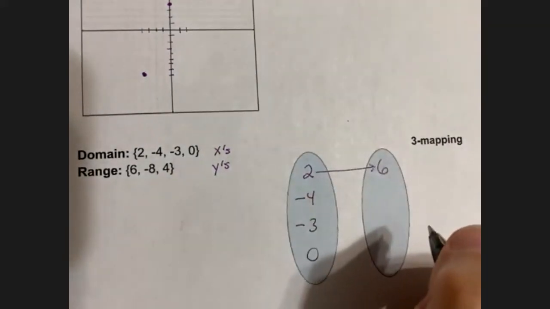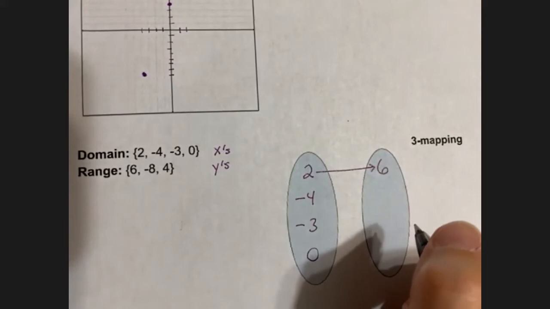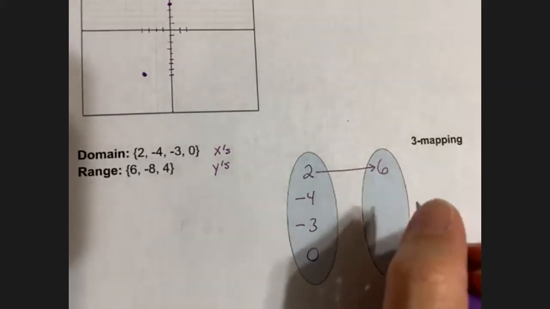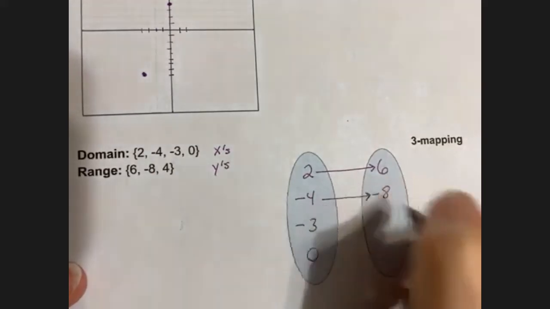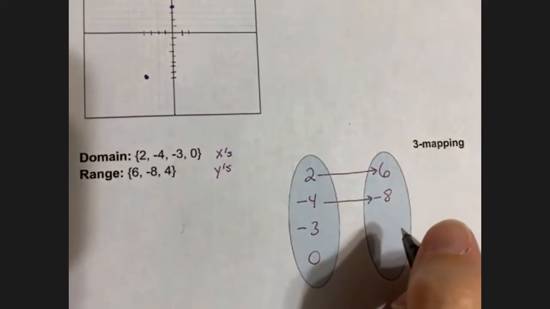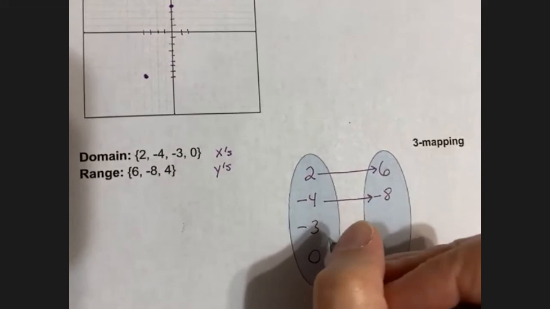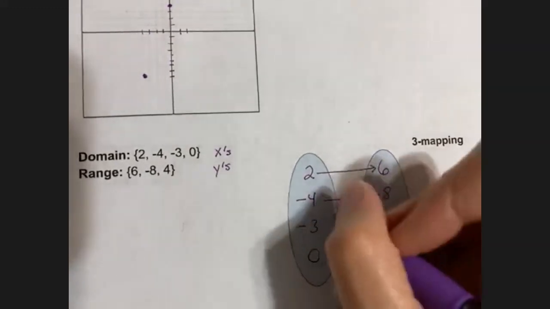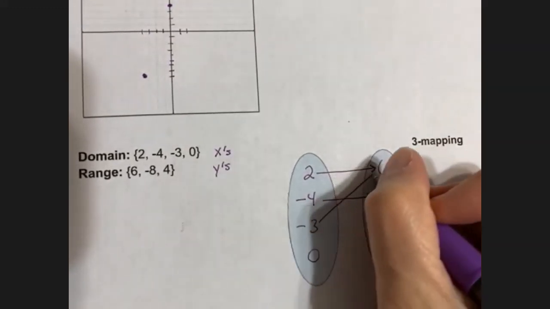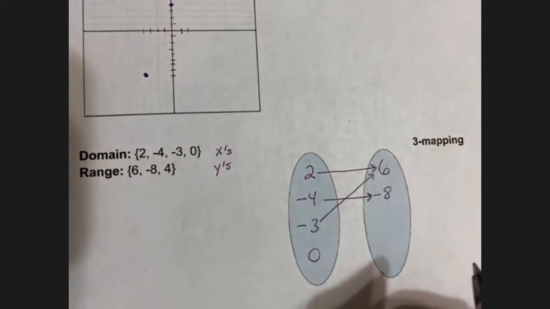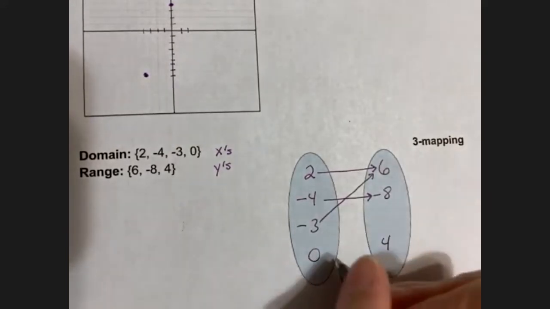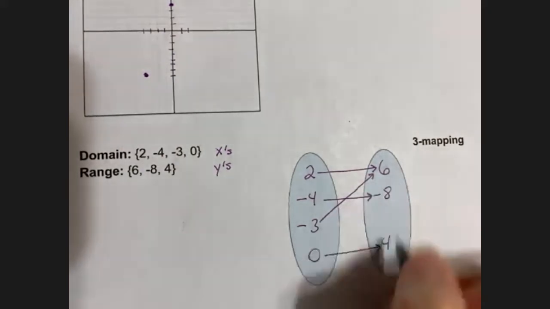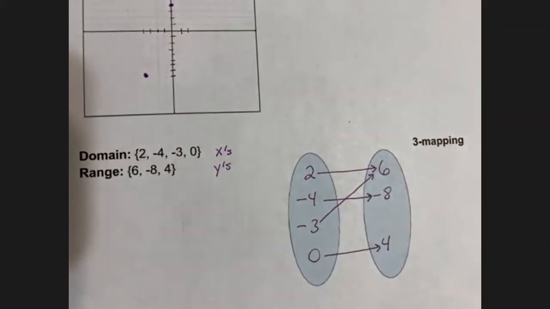The -4 goes with -8. So I put -8 here and say, okay, those go together. The -3 goes with 6. Oh, I already have it there, so I draw my arrow up there. And then my 0 goes with 4. So when I'm mapping, I don't necessarily have 4 numbers in the range, because I have a duplicate.